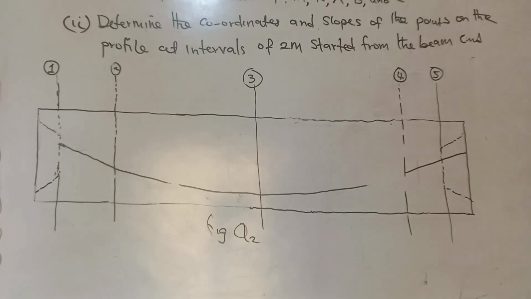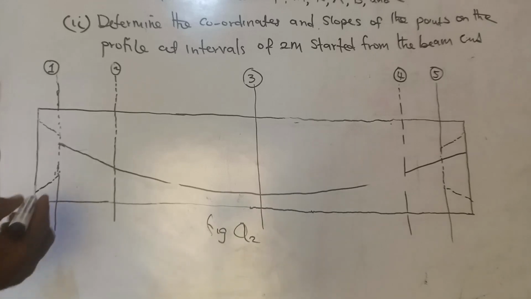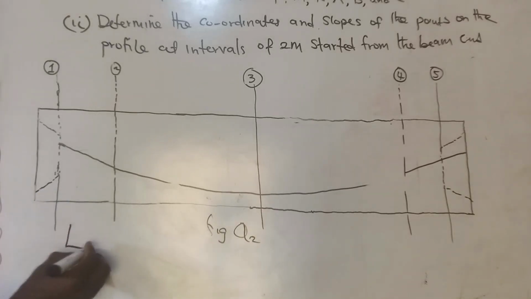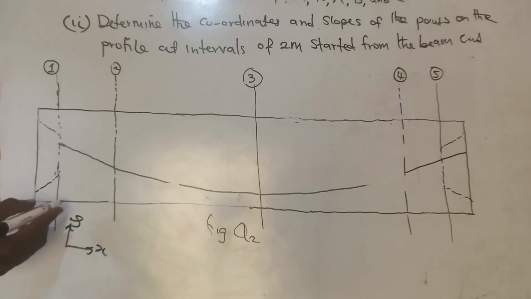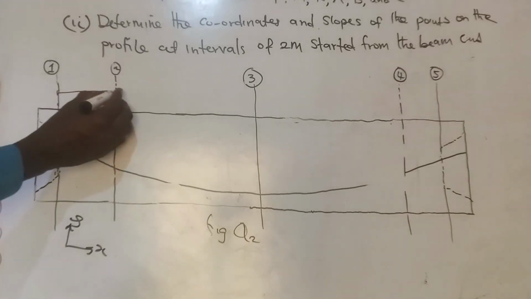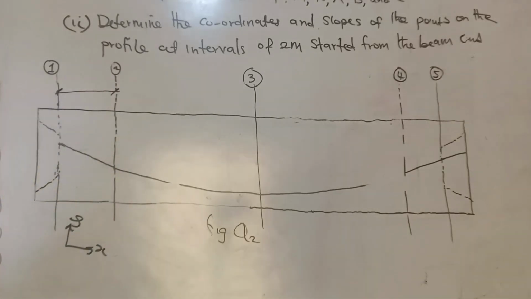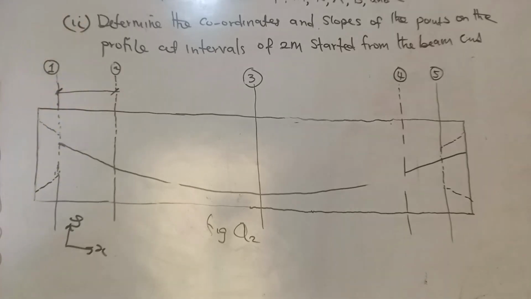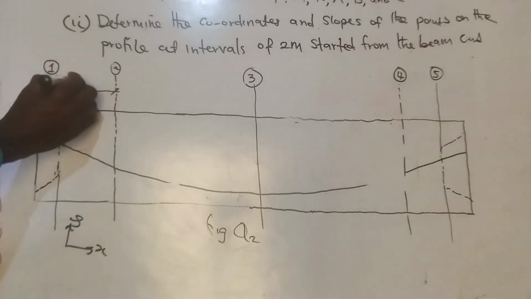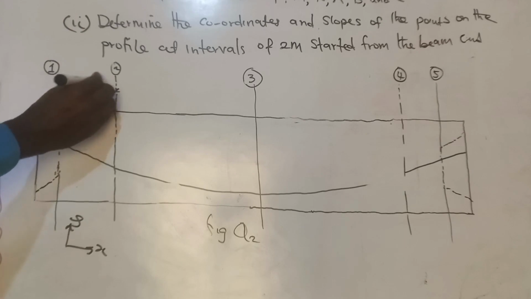Taking a look at the beam, we've been given the coordinates from point 1 to 2. This becomes our x-axis, here becomes our y-axis. From control point 1 to point 2, we have that distance as our x, which is 1.175.